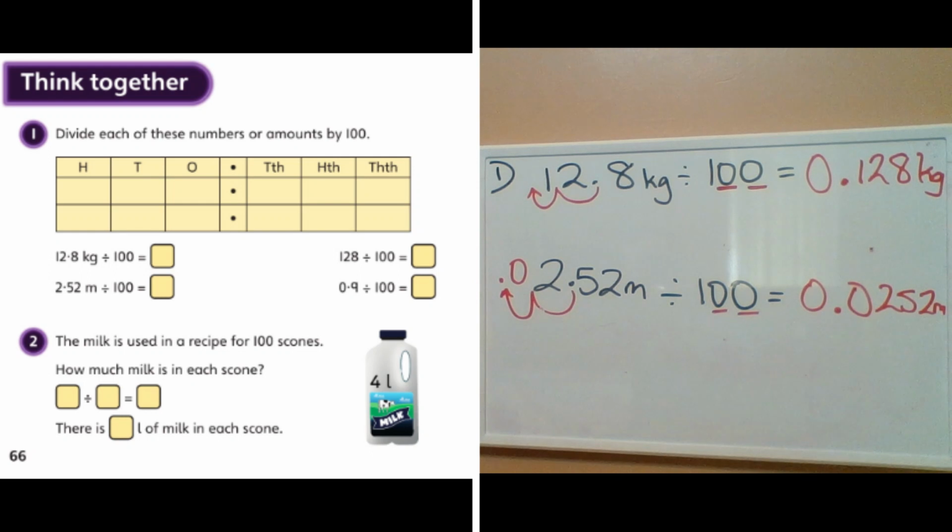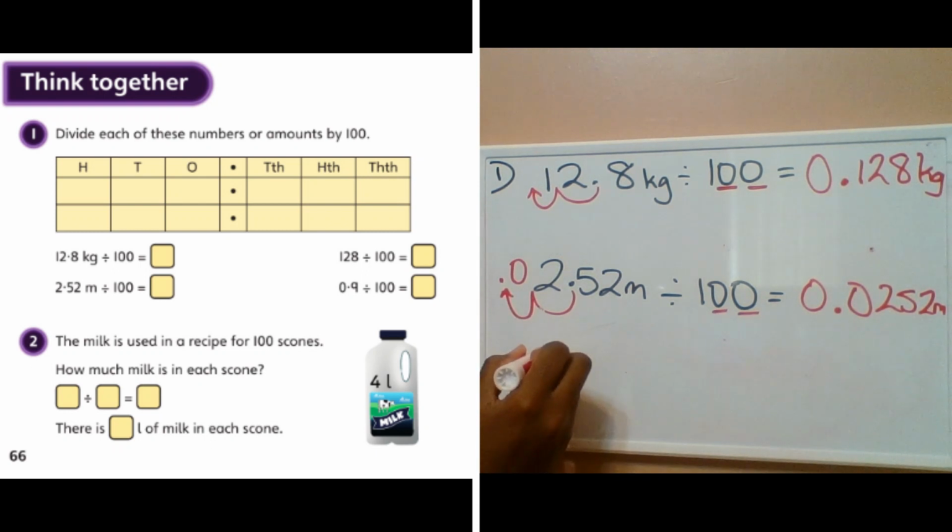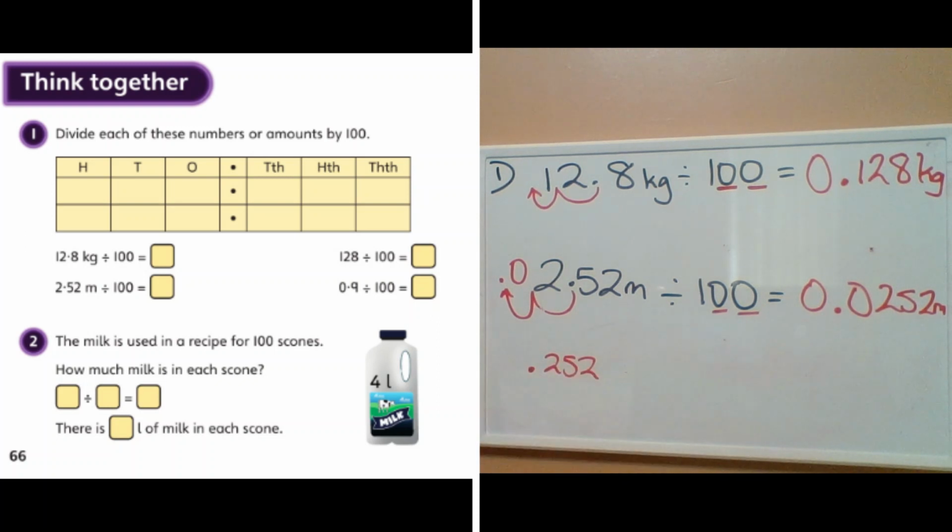You're going to solve the other two problems, 128 divided by 100 and 0.9 divided by 100. Keep in mind, as they get smaller, sometimes there's going to be a space left open by your jumps. You have to fill those empty spaces with a placeholder. If I just put my answer as .252, that would not be correct.